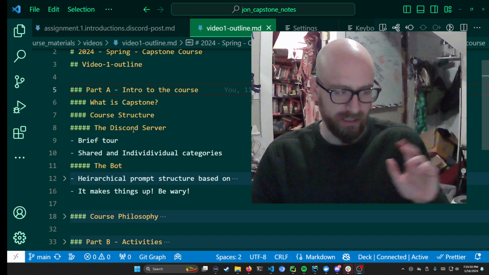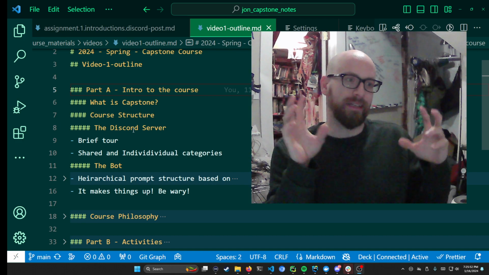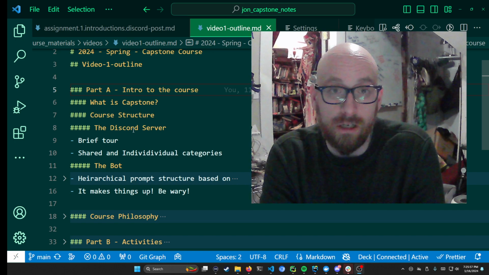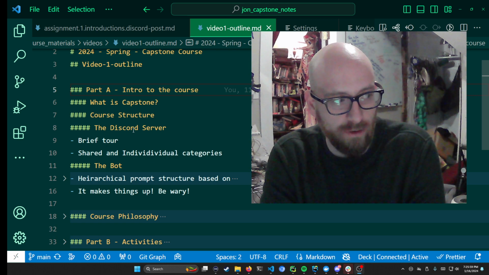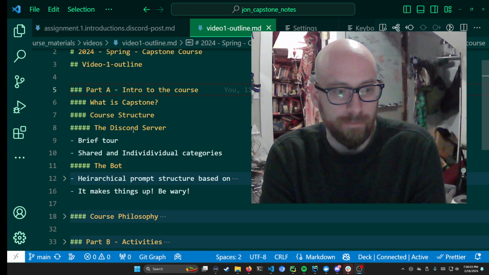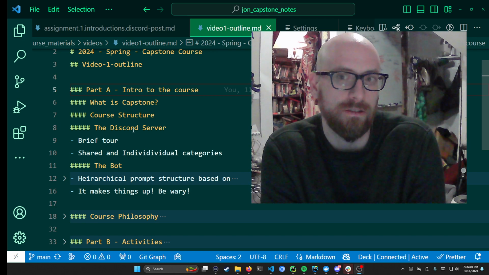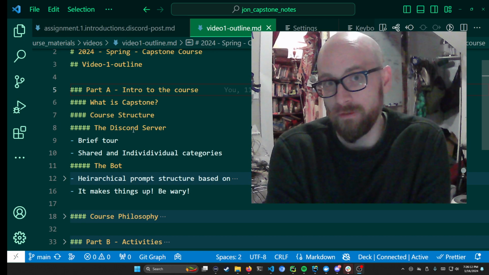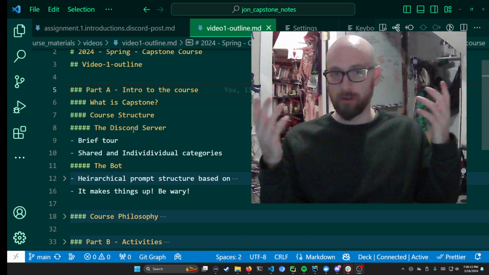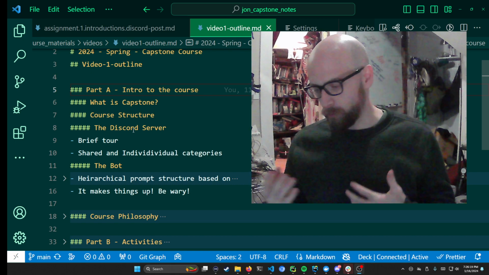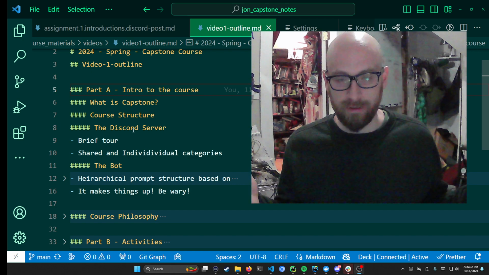Not GPT-4 specifically, although that is the first real big one. But just the whole concept of large language models reaching the level of capabilities that they've reached is hard to understate. It's hard to overstate how important I think this technology is going to be for the world going forward, for how we interact with each other over technology, and the way that we interact with our own intellectual endeavors.